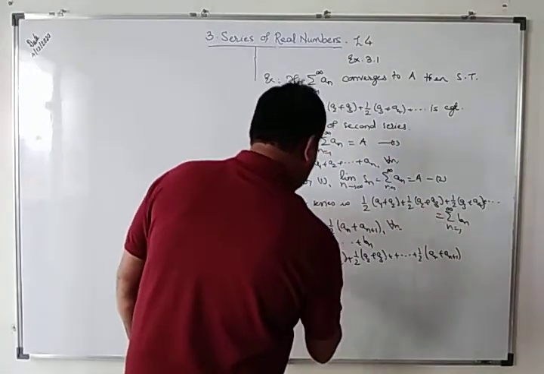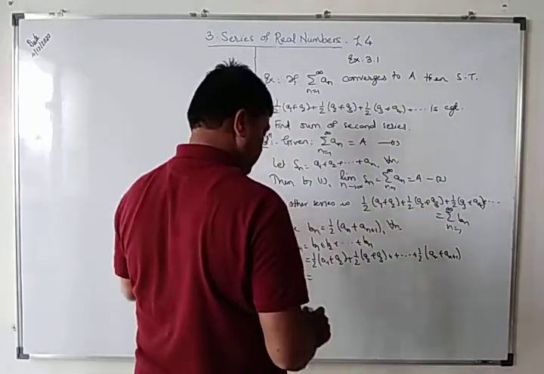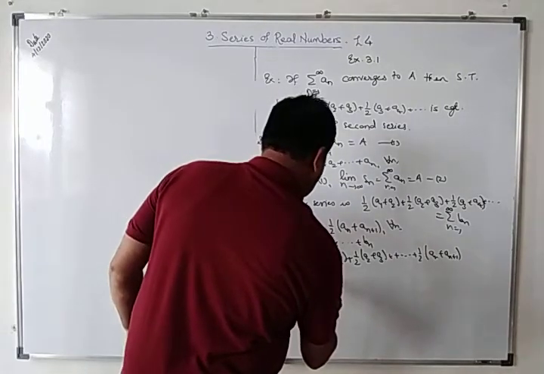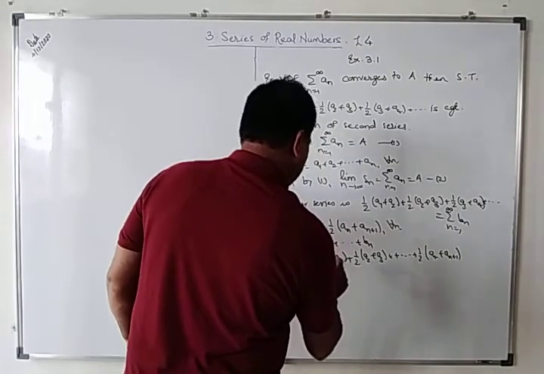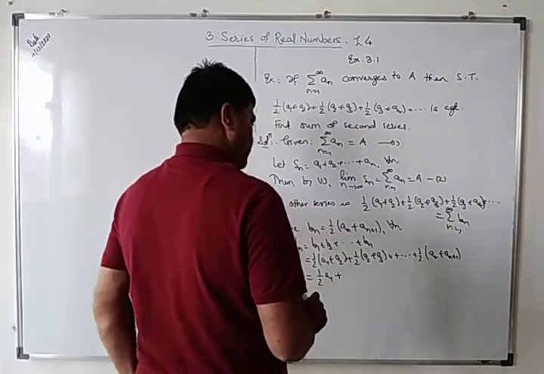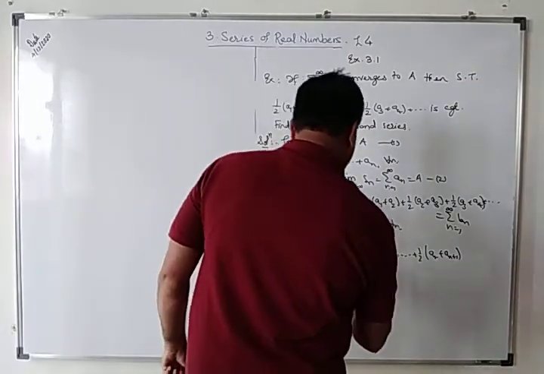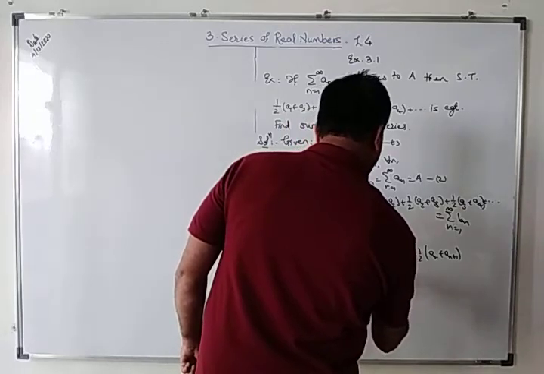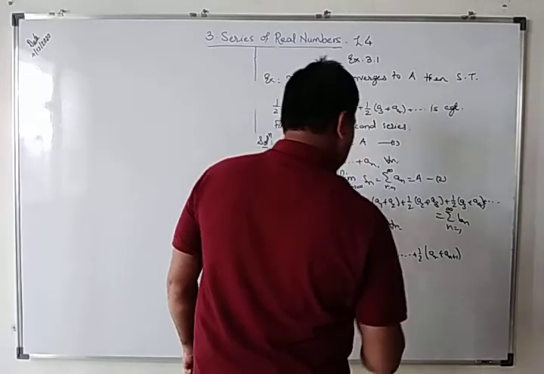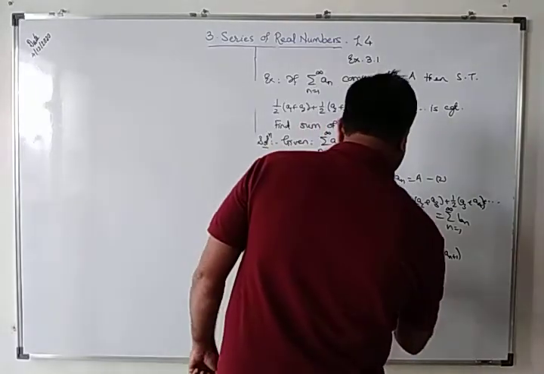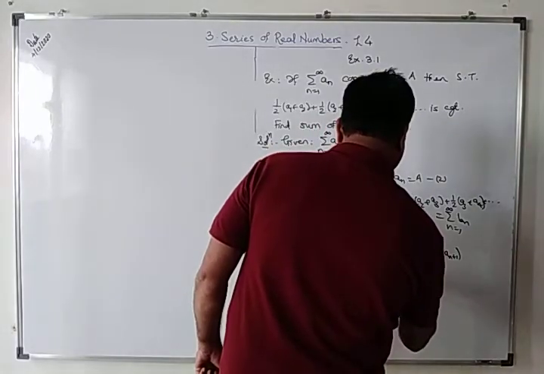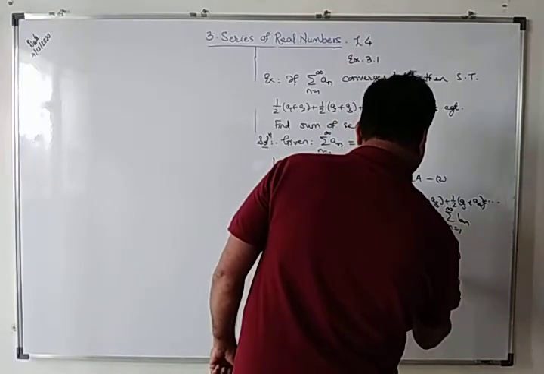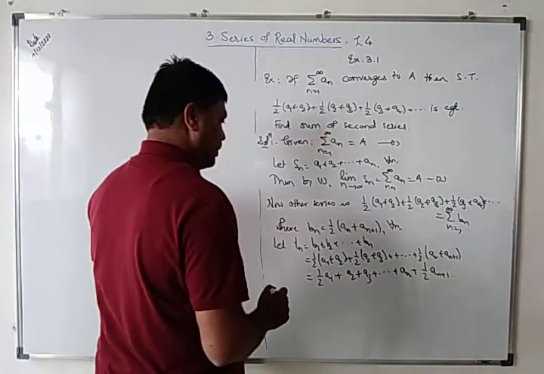Then I can write this as half a1, plus half times a2 plus half times (a2 plus a3) plus dot dot, up to half a_n, as in the previous term also, plus a_n, plus half times a_{n+1}. Okay.